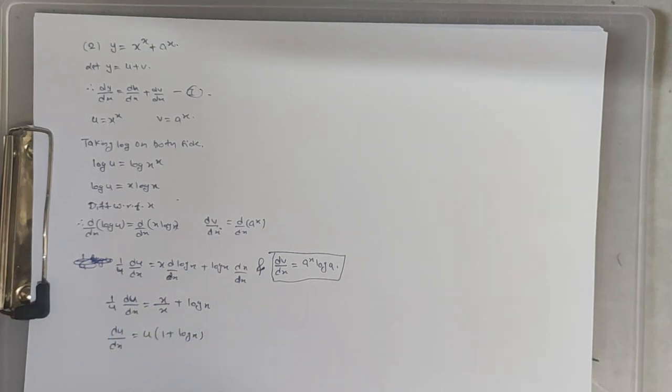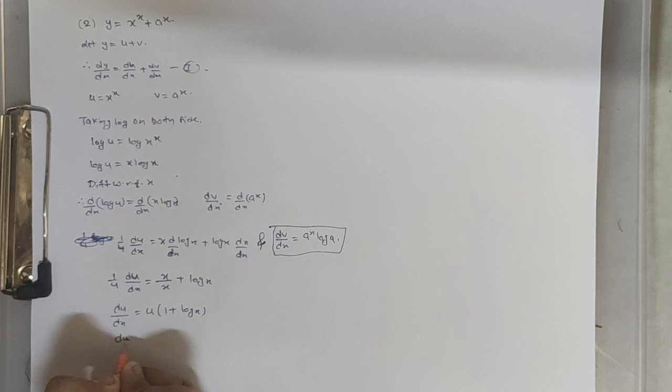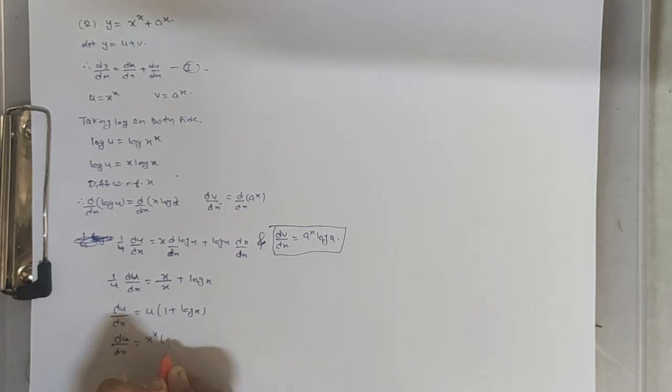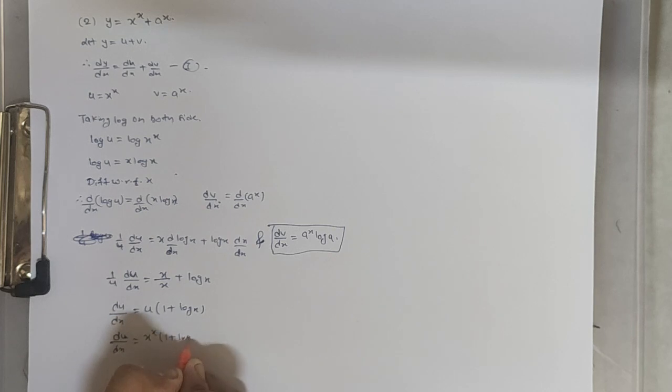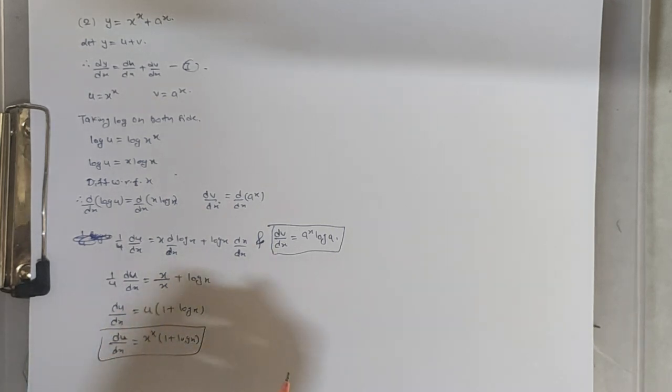Now what is u? u is equal to x raised to x, so we will replace u by x raised to x. This is our du upon dx and this is dv upon dx.